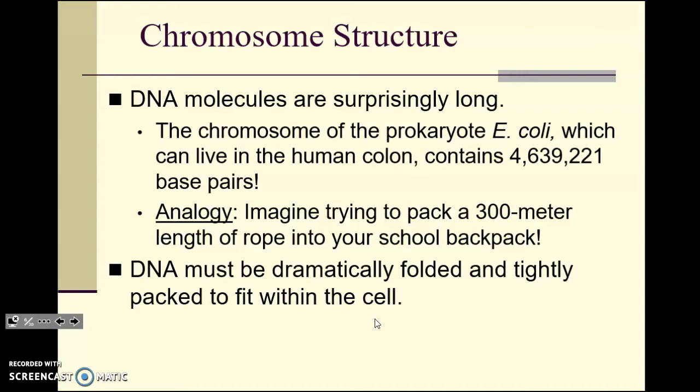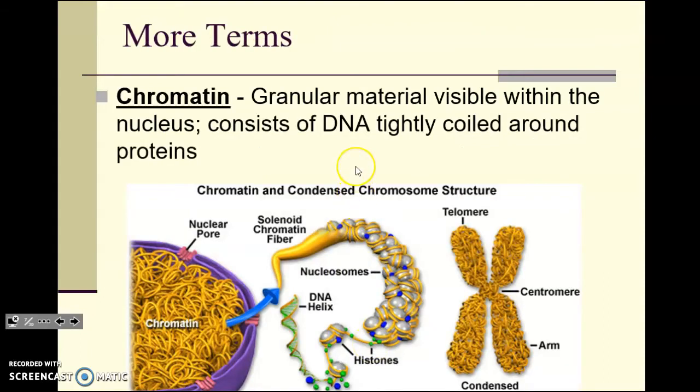If you tried to stuff that rope into your backpack, that's what it's like trying to put that DNA inside the nucleus of a molecule. So that's kind of what it's like, and it's really folded up and tightly packed to fit into there. Chromatin is granular material visible within the nucleus.